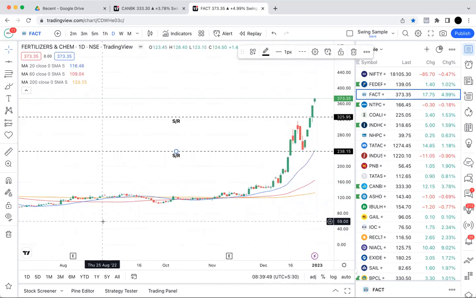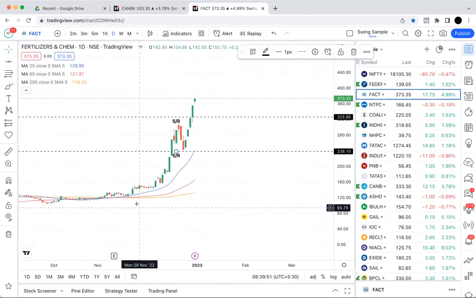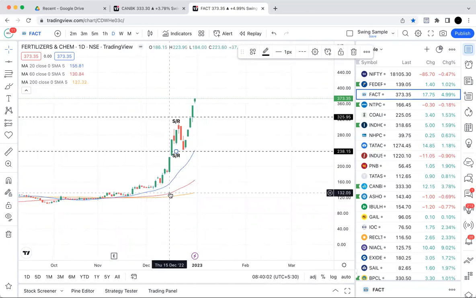But as soon as our pattern began to form, the stock price going above right there, and then above the 20, and the 20 above the 60, and the 60 above the 200, look what happened.